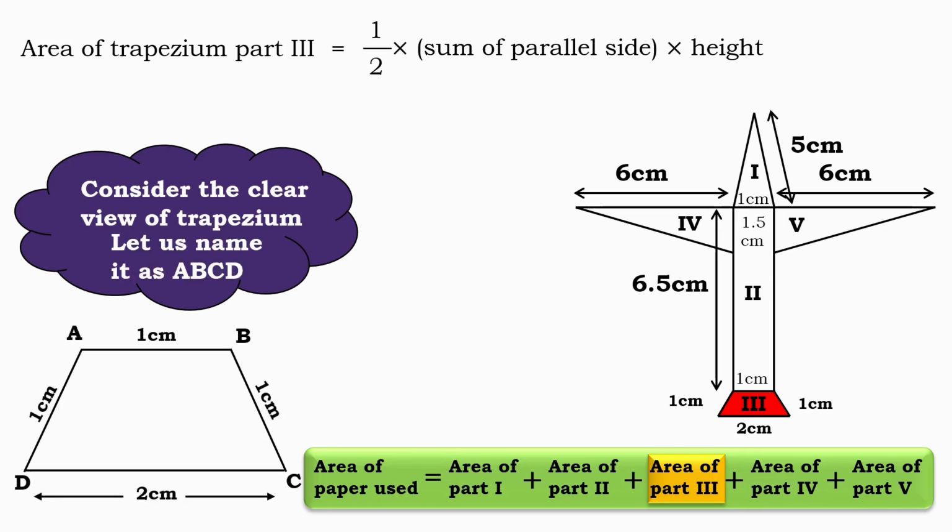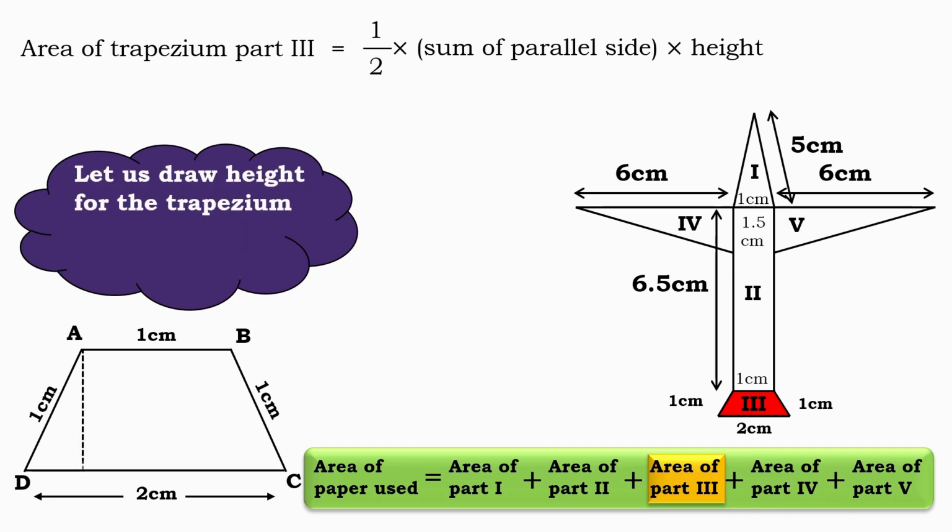If we name it ABCD, I try to zoom this figure and explain that. So AB is 1, AD is also 1, BC is 1, and the lower part, that is CD, is 2 centimeter. So AB and DC are parallel, right?